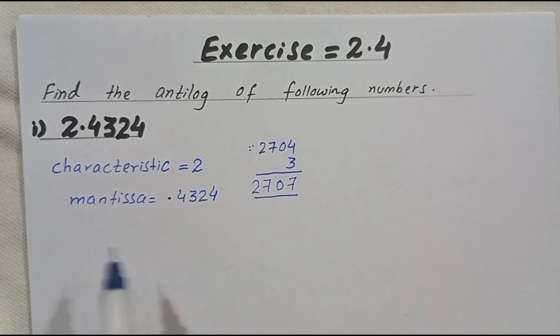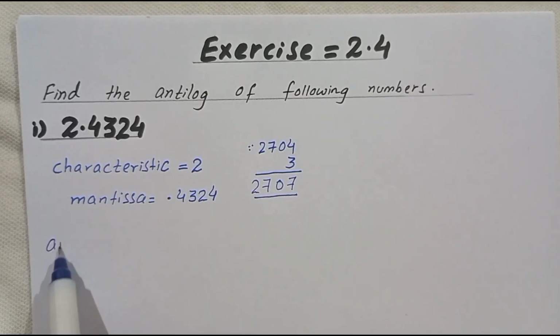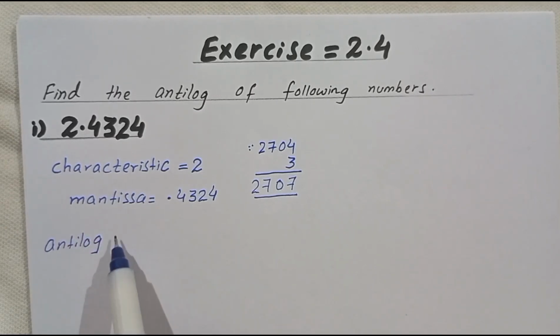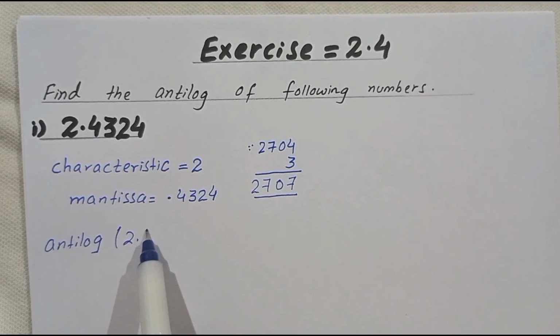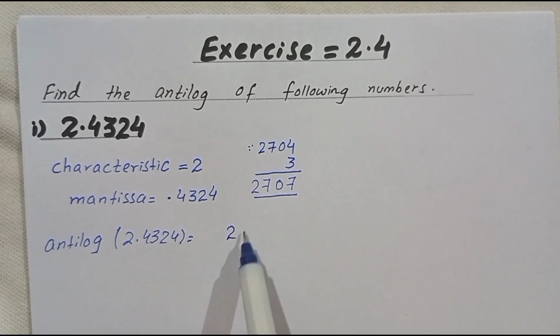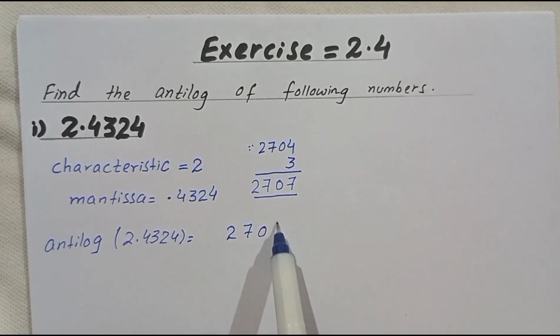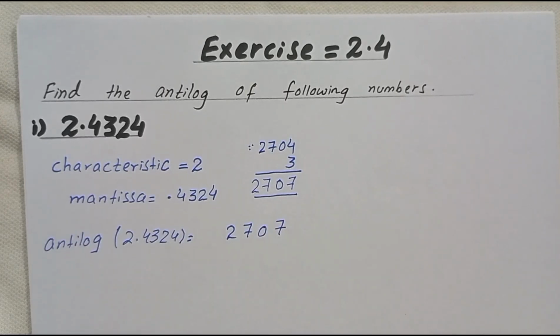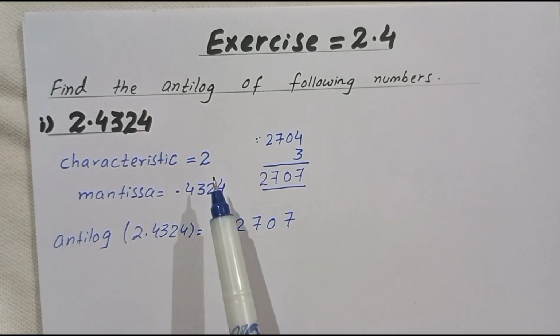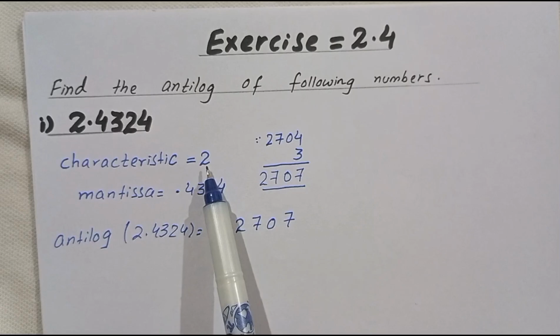So the antilog of 2.4324 equals 2707. Now we have to place the decimal according to the characteristic, that is plus 2.